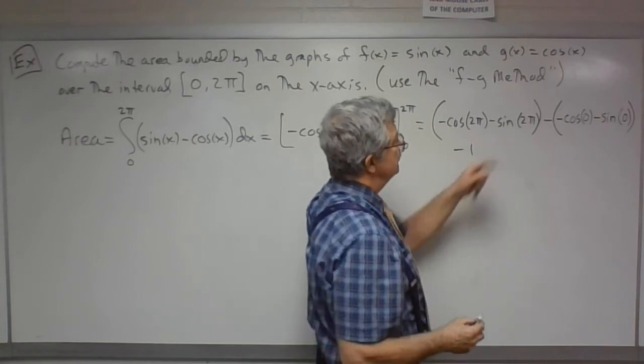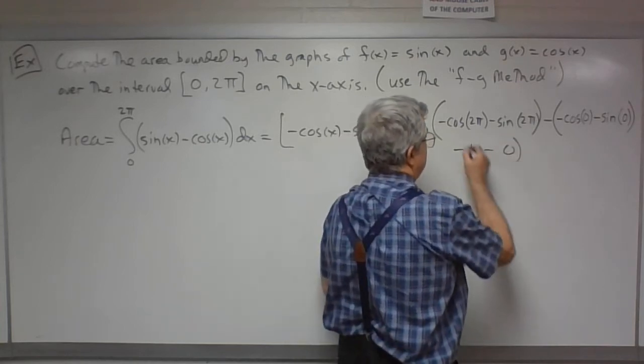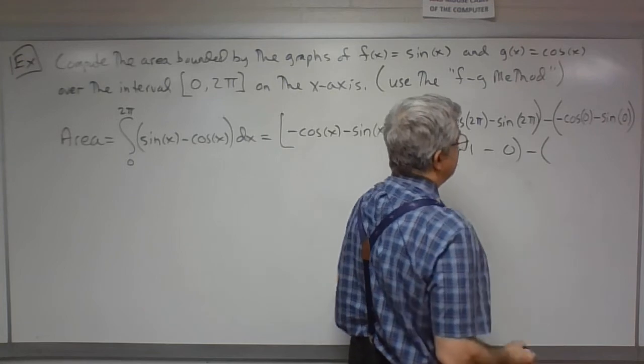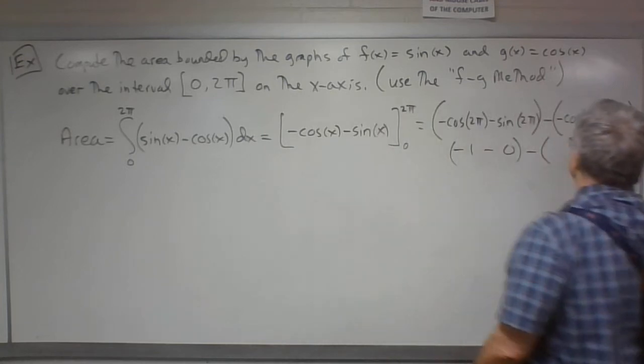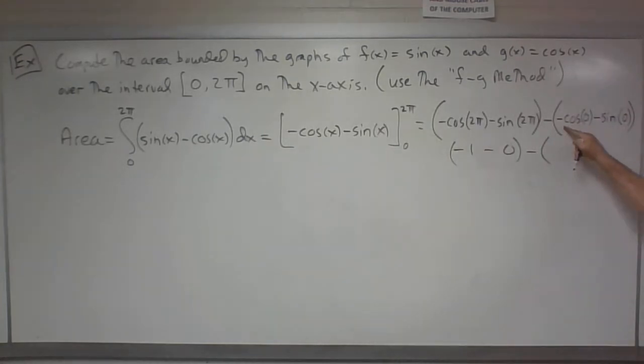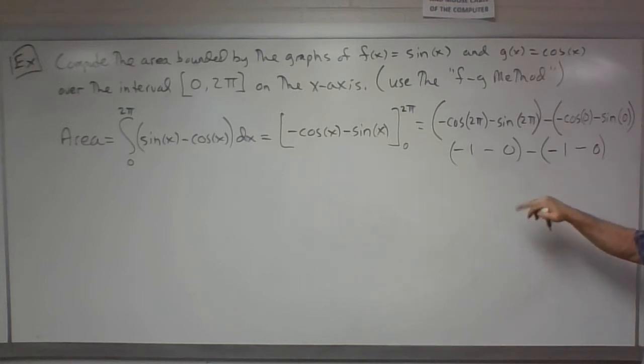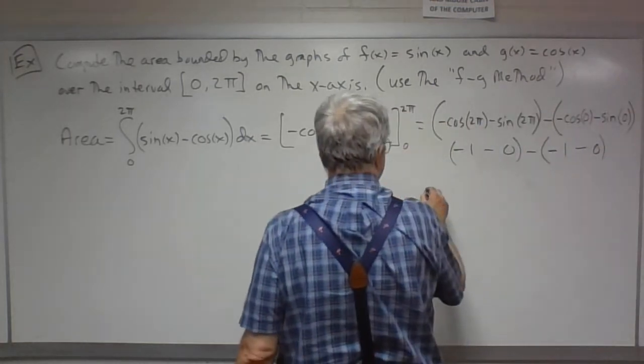The sine of 2 pi is 0. The cosine of 0 is 1, and we have a minus there. Sine of 0 is 0. So we have negative 1 minus a negative 1.